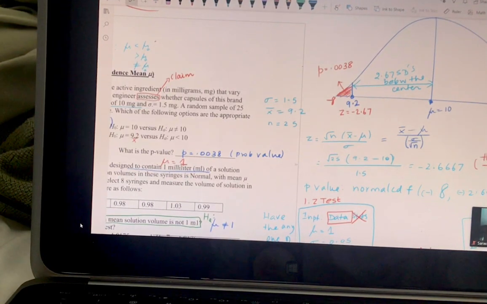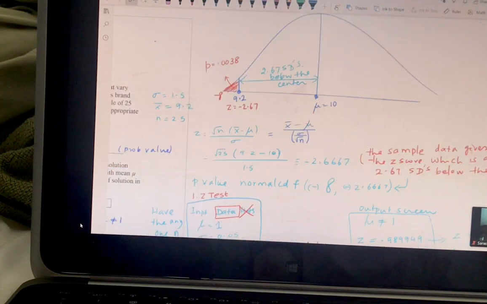So how do you get the p-value? The p-value is going to be normal CDF of negative 8 comma negative 2.67, and that's going to give me the p-value. The p-value is a very unlikely number, which is 0.0038. That is the probability value.